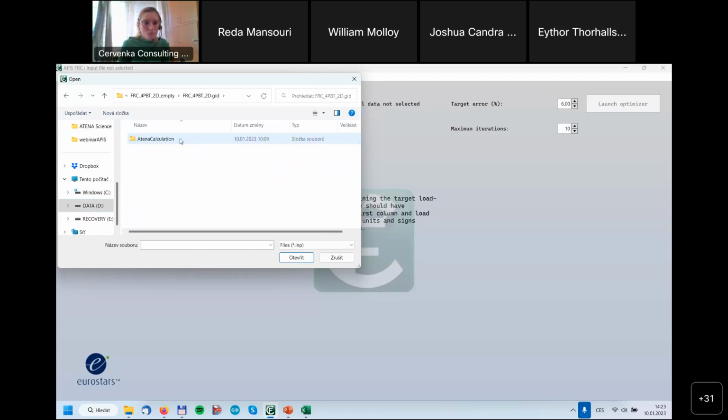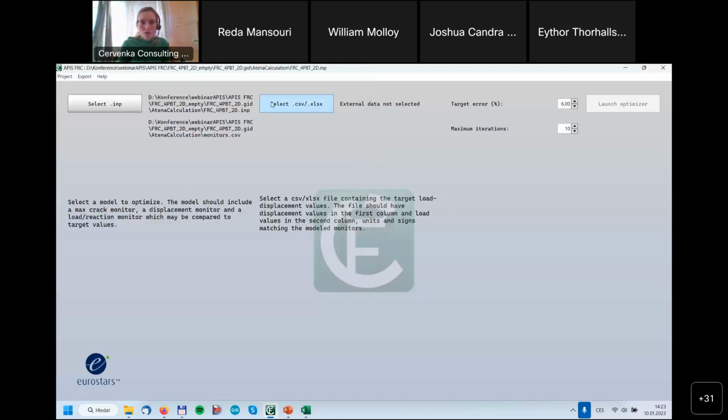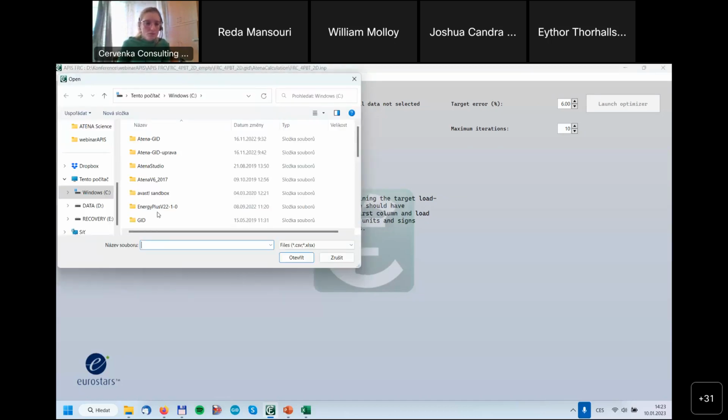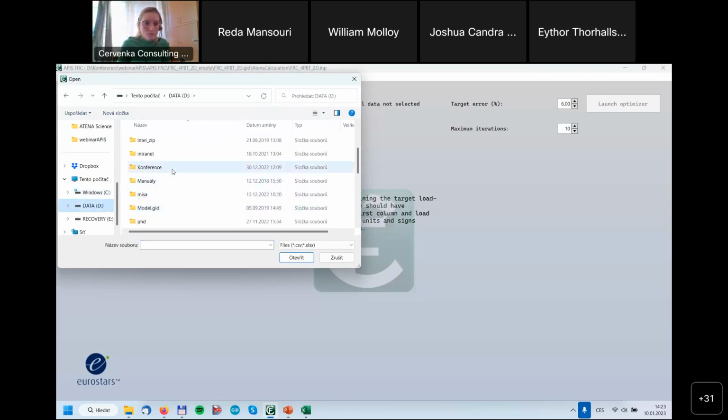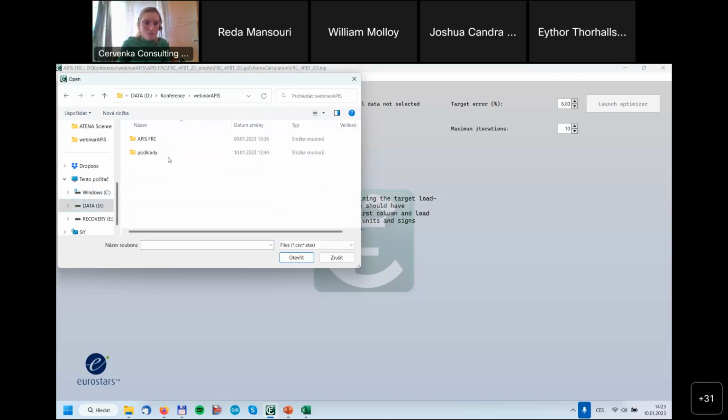Here you go to find your INP file, and then you have to load that LD diagram from the experiment.